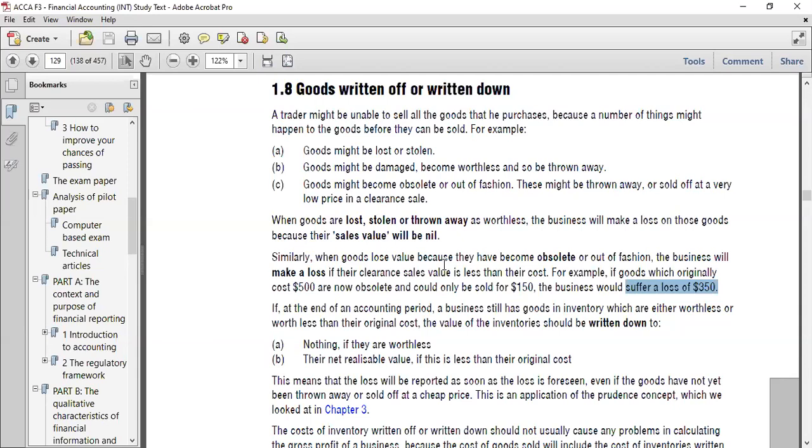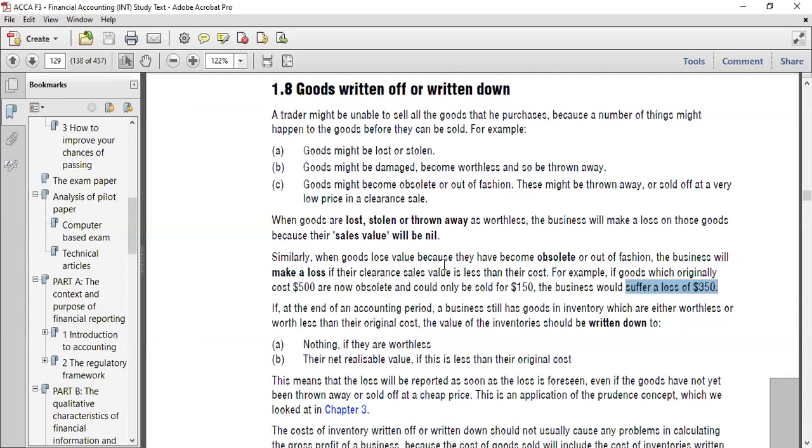and it gets burnt, the first thing that we need to do as a business is to submit an insurance claim. And once we have submitted an insurance claim and it has been confirmed that they will be able to pay back what we lost, then when we are adjusting our inventory, we shall credit inventory, because inventory is an asset which is reducing, and then we shall debit what we call the insurance receivable.